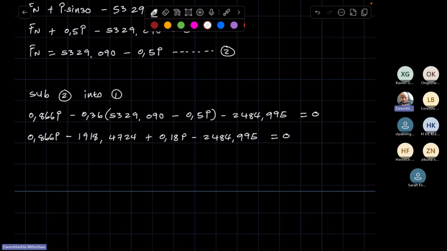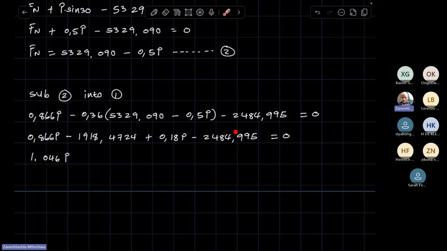All right. Now that we've gotten rid of the parentheses, we can now just look at like terms. All right. By like terms, I mean this isn't like with that. So we add those: 0.866P plus the 0.18P is equal to the 1,046P. Right. And then, of course, you add these ones, this with that.